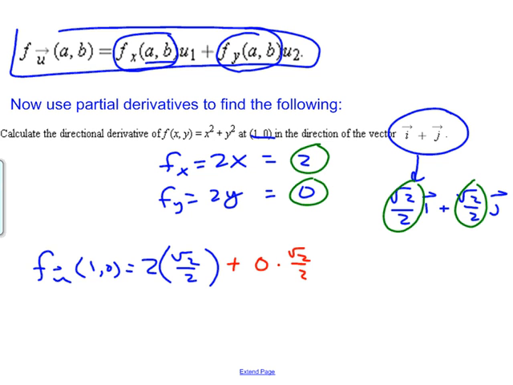So simplifying this, we get that this equals root 2. That's our directional derivative at that point in the direction of i plus j.